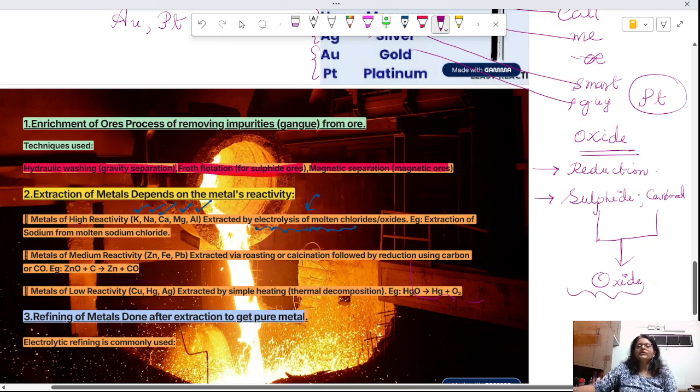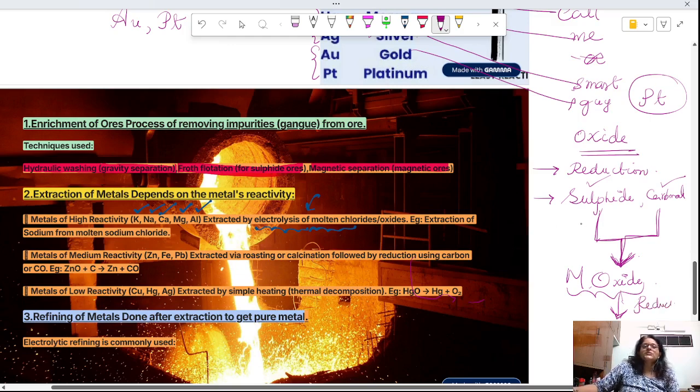Whatever minerals we have, whether sulfide or carbonate, the first step is converting them into oxide ore, and after that it is very easy to convert the metal oxide into its original metal by the process of reduction.